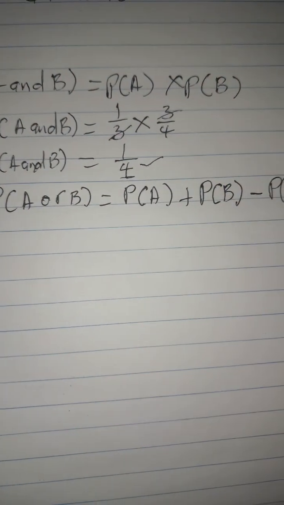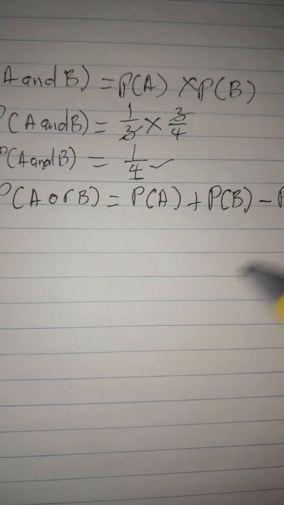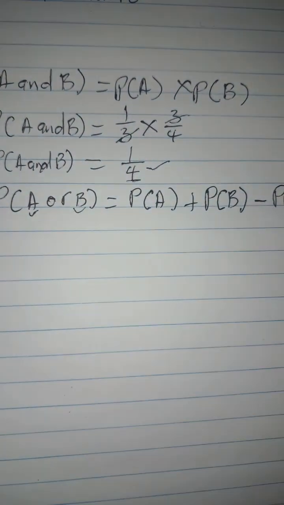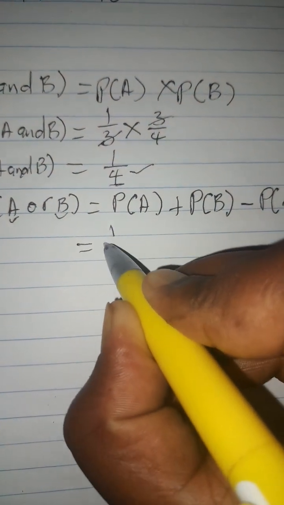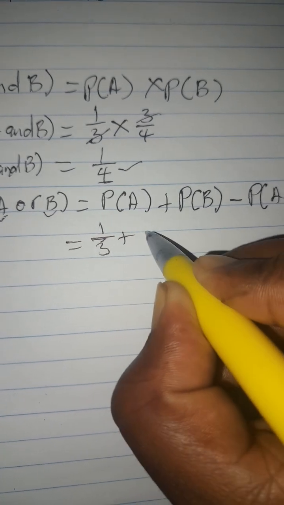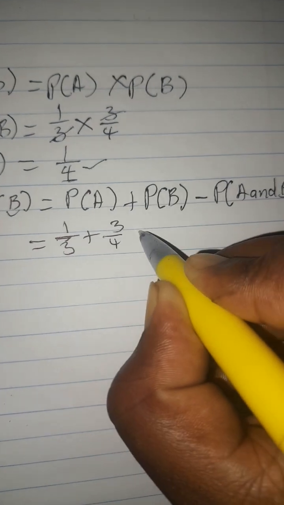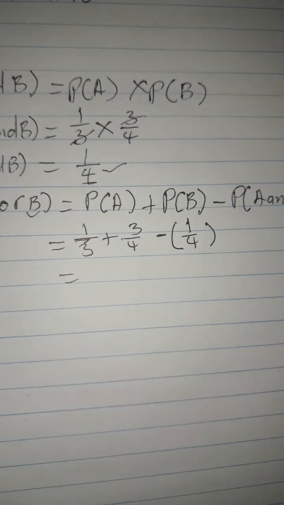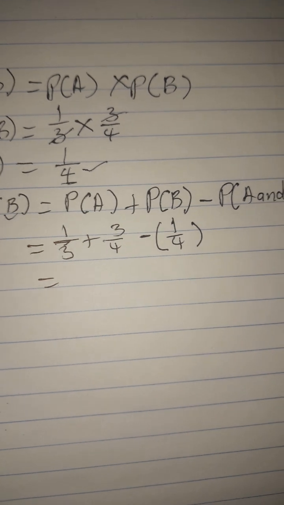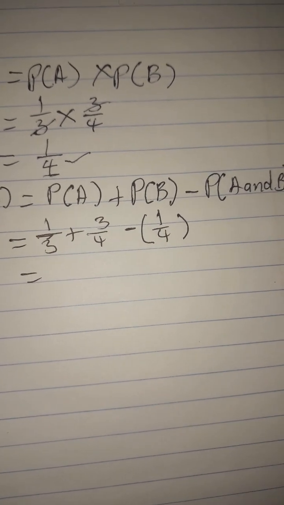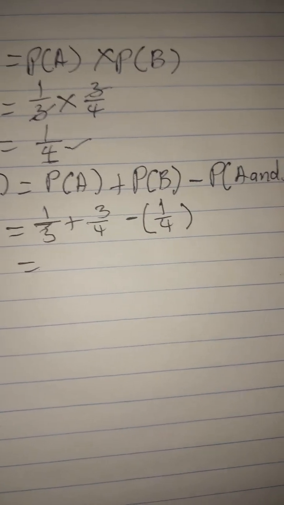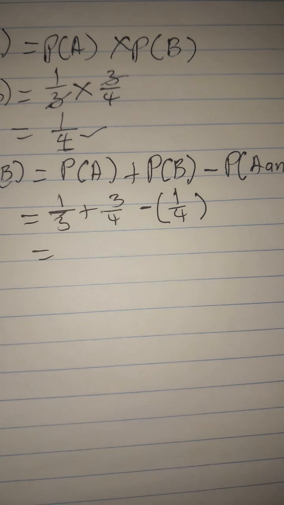Another way of doing this is you can use a Venn diagram. So we are calculating either the probability of A or the probability of B. In this case, we are going to say 1/3 plus 3/4 minus, let me just put it in brackets, 1/4. Then let's punch our calculator, or we can do it mentally. If we are capable of doing it mentally, that will also be great.